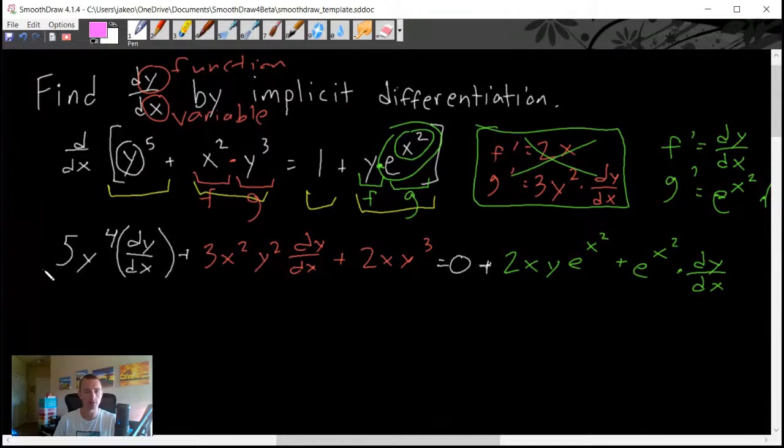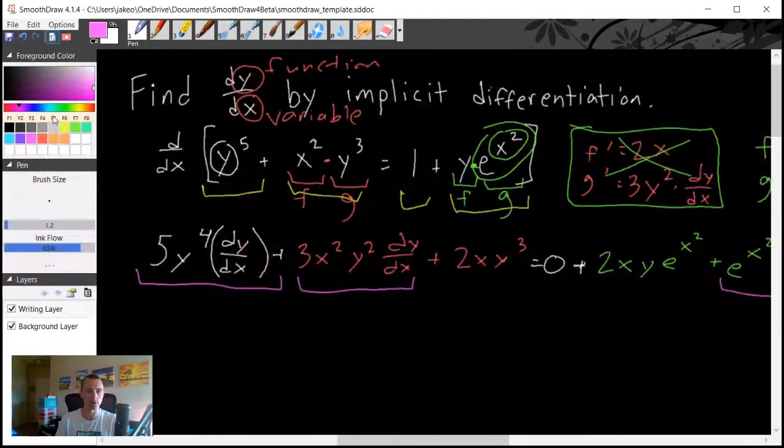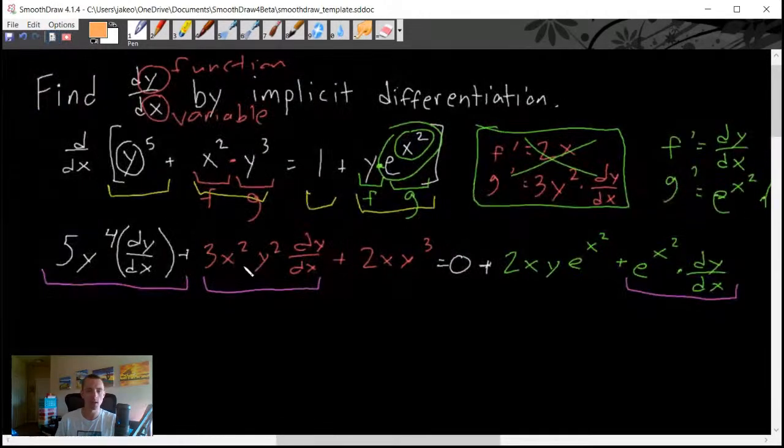So let's just mark real quick. Our dy dx terms are right here, right here, right here. Okay, so those are going to need to be on one side of our equation. And our non-dy dx terms are here and here. Here we have a plus 0. That doesn't really do anything, so we'll just get rid of that. So we need to move this term over to that side of the equation.